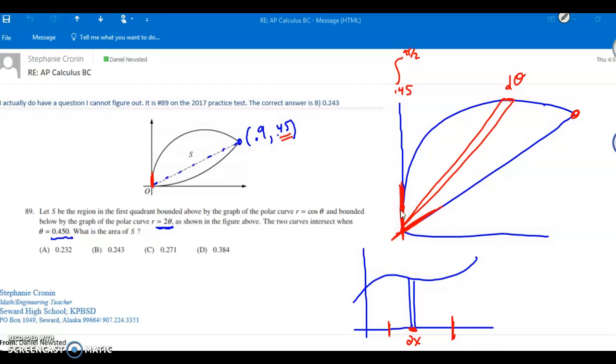And that's just for this top half, right? The bottom half would be separate. The bottom is going to use an angle of 0, so that's an integral from 0 to 0.45. I'm going to have to do these as two separate integrals, then add them together, which is fine. That's not a huge deal.